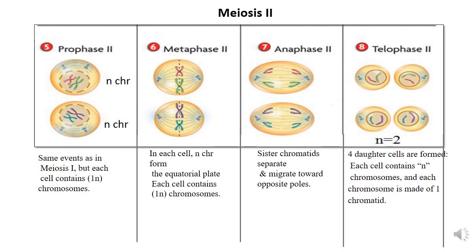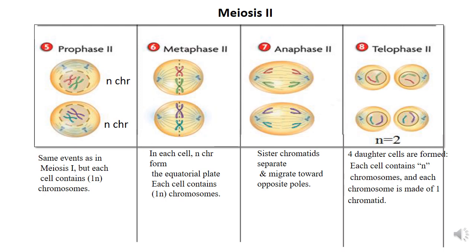If you look at the cells in telophase II and at the cells in prophase II, and you count the chromosomes, you see that in prophase II we have 2 chromosomes, as well as in telophase II we have 2 chromosomes in every cell. So the number of chromosomes is the same, but the number of chromatids is not the same.